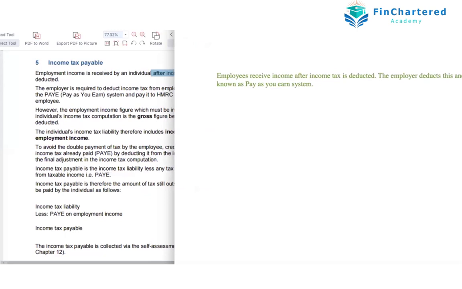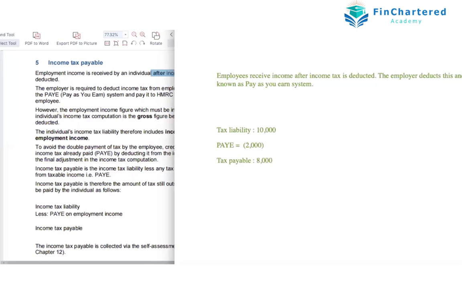Then the second thing: when you're doing your income tax computation, you will show the entire tax liability, whatever it is. Say it is 10,000, but in that, a certain amount has already been deducted as pay as you earn. So your payable, the remaining that you have to pay to the HMRC, is the balance, 8,000.